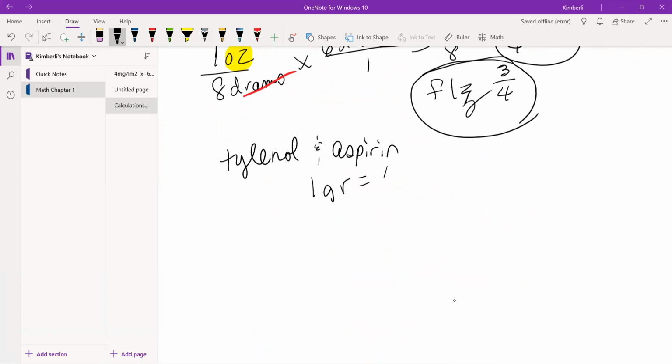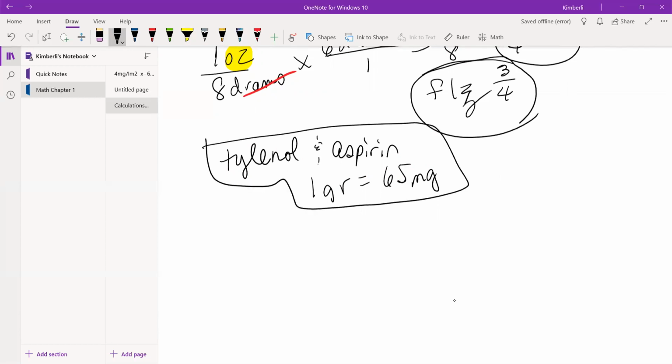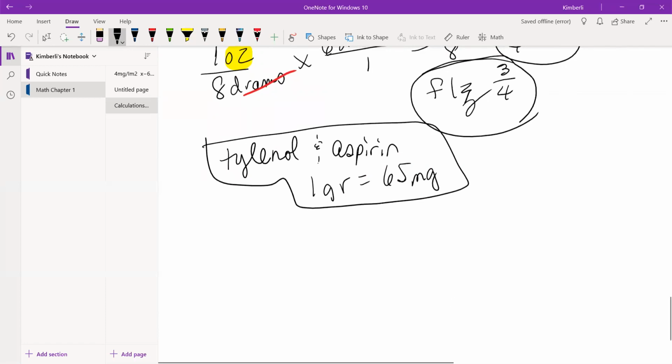One grain equals 65 milligrams. All of the other drugs, except for phenobarbital, are going to use 60 milligrams in 1 grain. And phenobarbital is a special case all on its own, and I'll tell you guys about that one later. I'm not going to test you on it until we talk about it. I don't test on anything, hopefully, until we talk about it. And if I do, feel free to call me on it, and you will always get it correct.